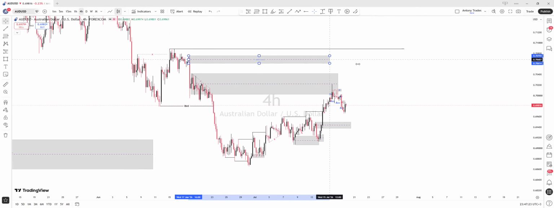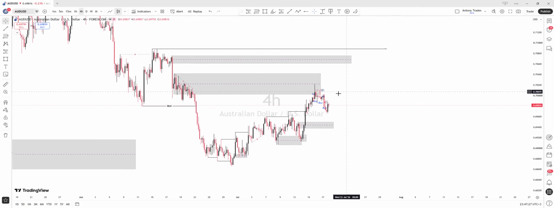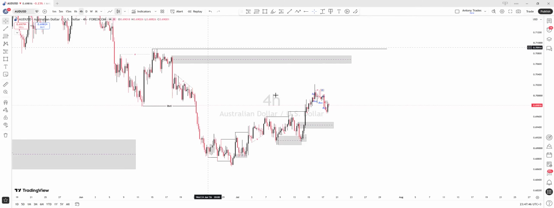We also have this 4 hour order block resting above here, which I'm strongly anticipating the market to come to, because I was anticipating the market to use this trend line liquidity here. All right, for the market to push up, sweep all this liquidity, and then come to react from this area, or maybe this fair value gap around this area, and then we'll be looking for a selling opportunity from there.